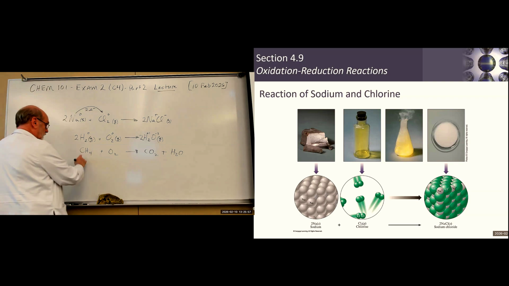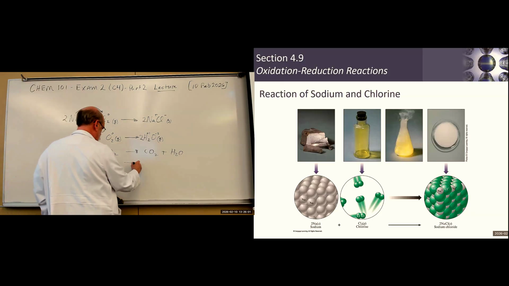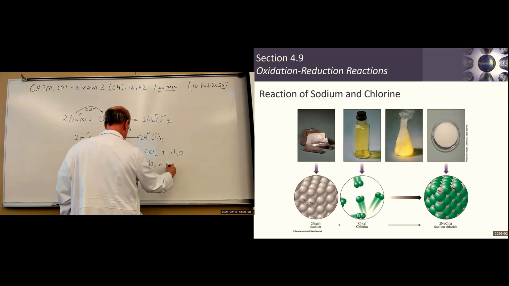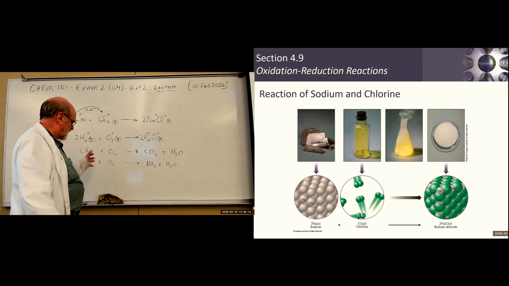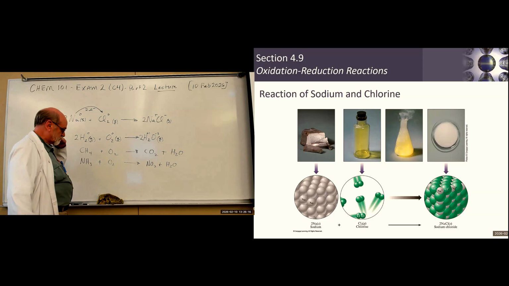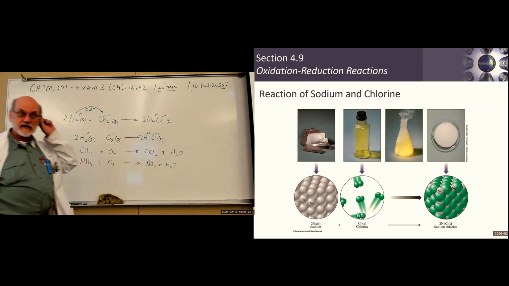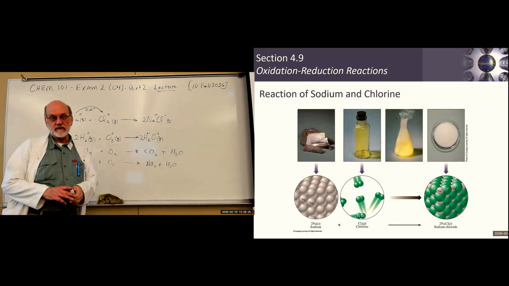Or we could do it with ammonia also. NH3 plus O2 yields NO2, I think, plus water. Does that work? I think that's right. But combustion, the hallmark of combustion is this free oxygen as a reactant. And they're always oxidation reduction reactions.